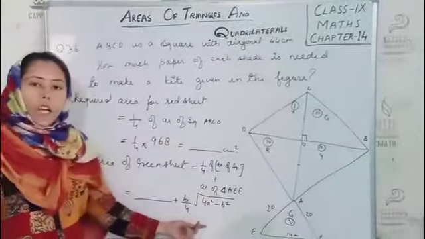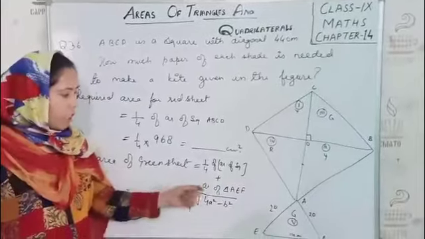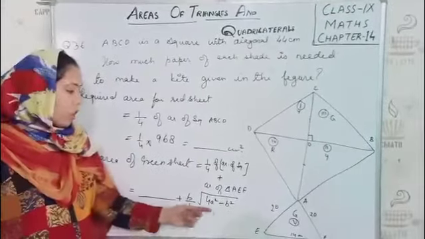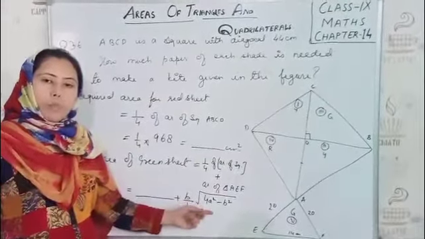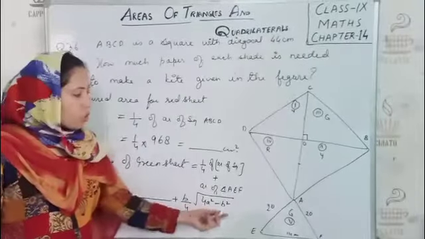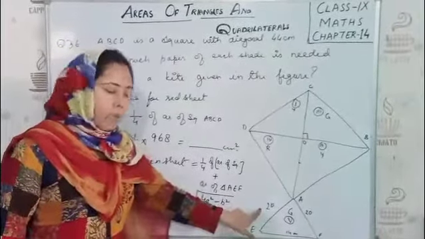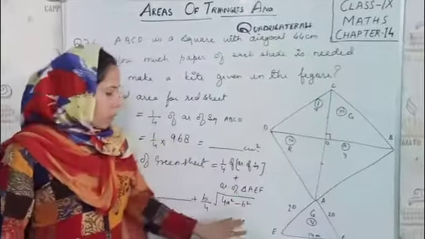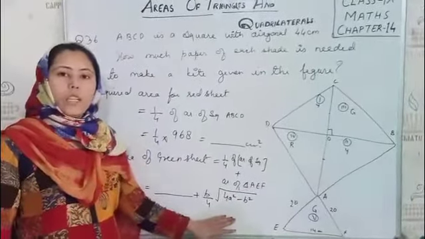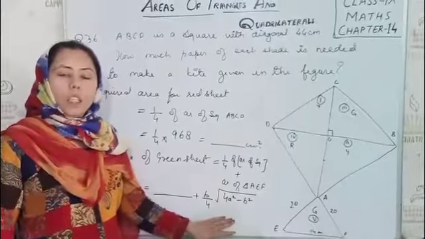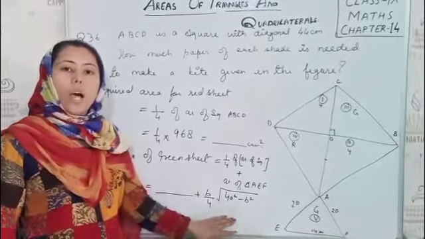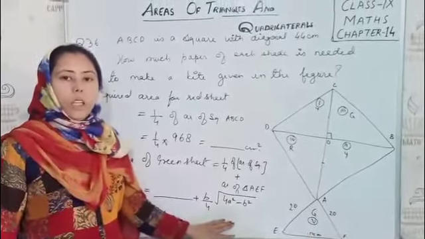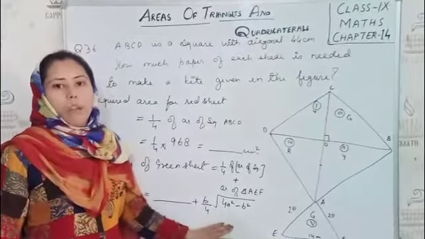What is the formula for calculating the area of an isosceles triangle? b/4 under root 4a square minus b square. a is equal to 20, the equal sides, and b is the base, that is 14 centimeter. So you will put the values and calculate the area. Keep it in mind that area is always in square units. So area will come in centimeter square.